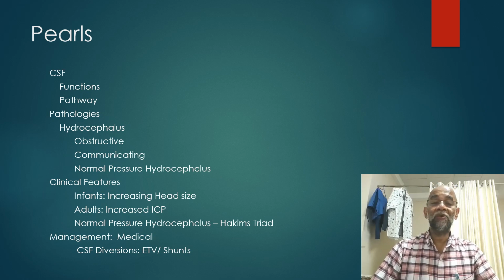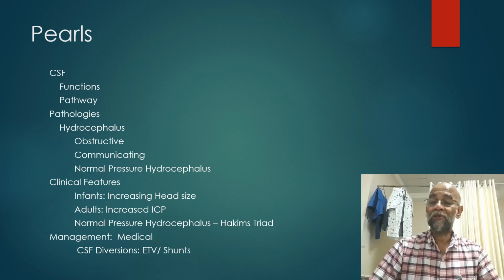We also have the entity of normal pressure hydrocephalus, which usually occurs in older people where the ventricle size is large, but the CSF pressure appears to be small. One of the reasons is that the pressure does not rise because cortical atrophy occurs because of the slight increase in pressure.